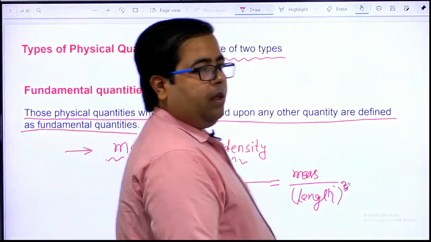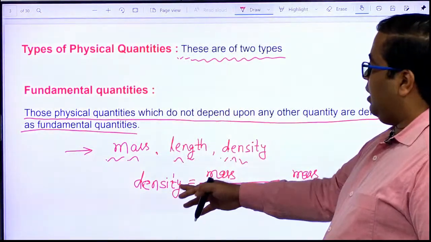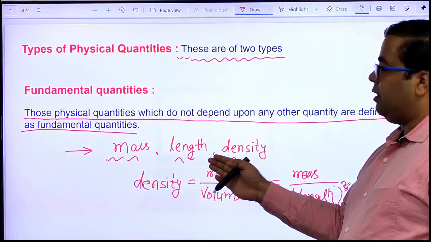That means, let's see here, density can be derived using mass and length.